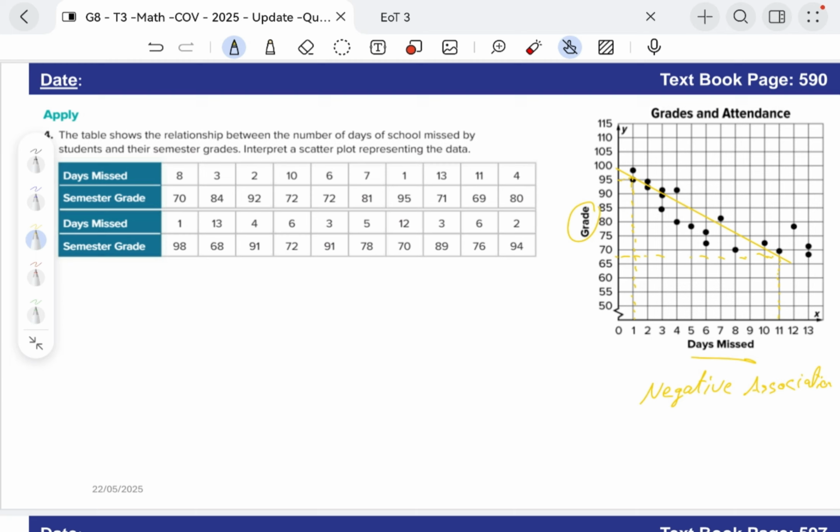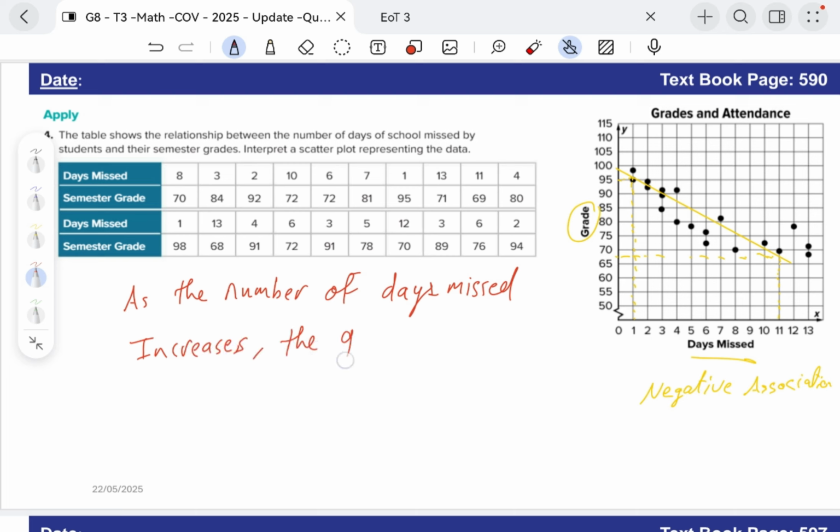So we can say that first, as the number of days missed increases, the grade will decrease.